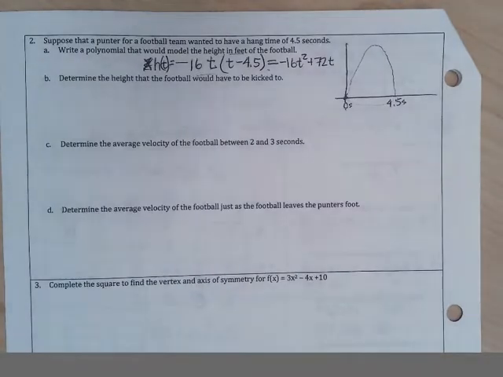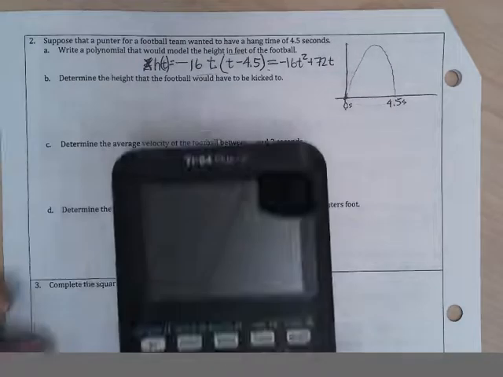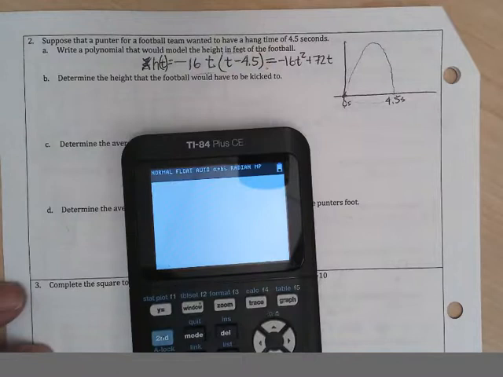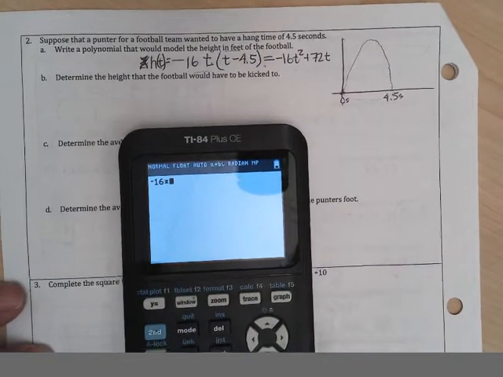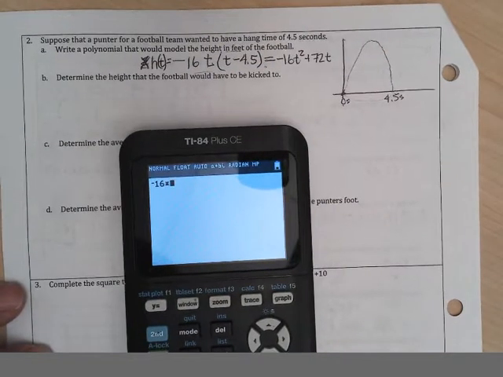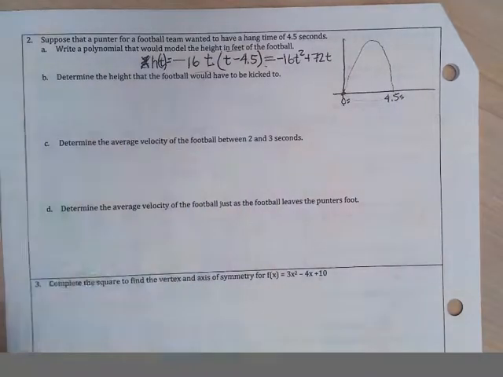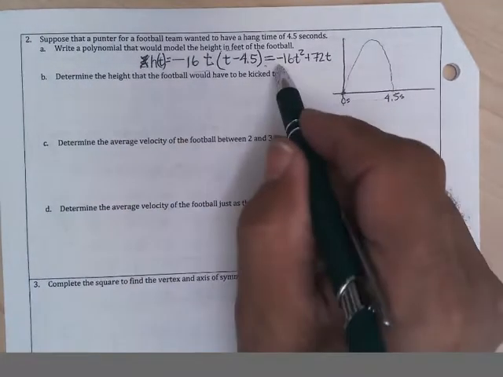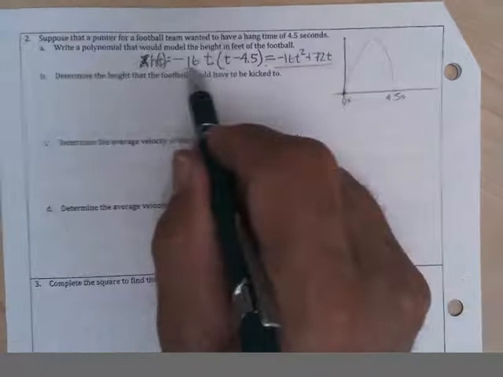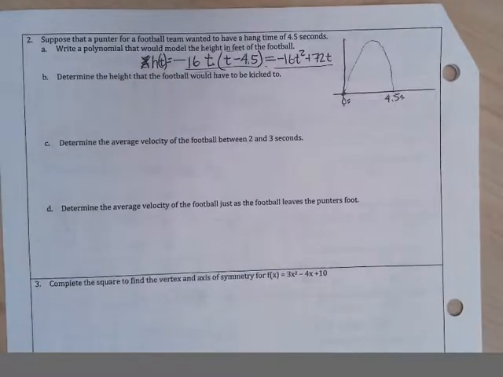Where is it? There it is. Oh, I don't want to make a mistake on the video here. So negative 16 times negative 4.5, and I get 72 and t. So there's the equation that way, and here it's written in factored form.